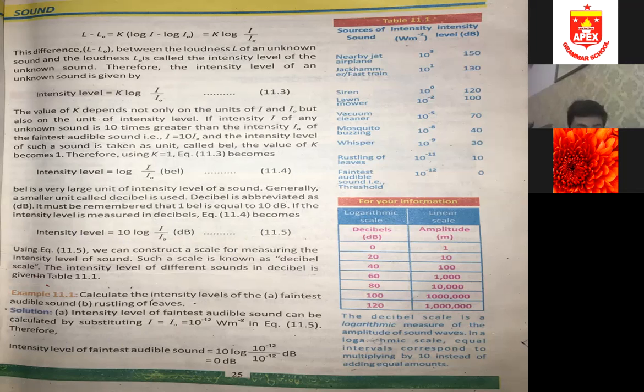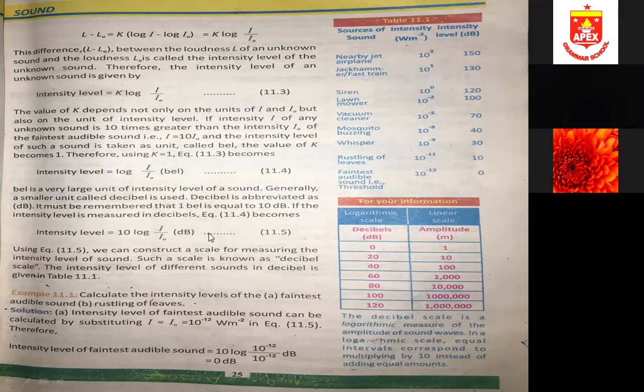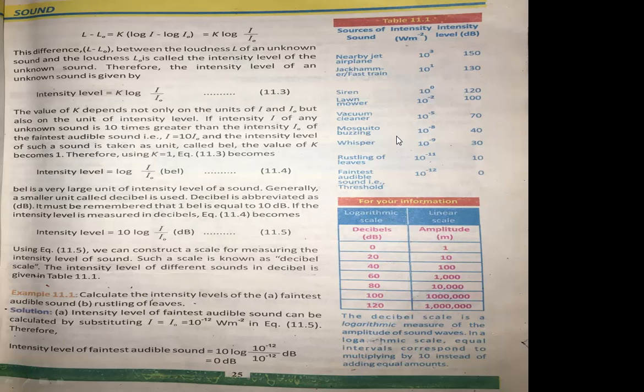My example 11.1 is on page number 25. I read the numerical statement: calculate the intensity level of the faintest audible sound and rustling of leaves. So in this numerical, we have to find the faintest audible sound and rustling of leaves in decibel.